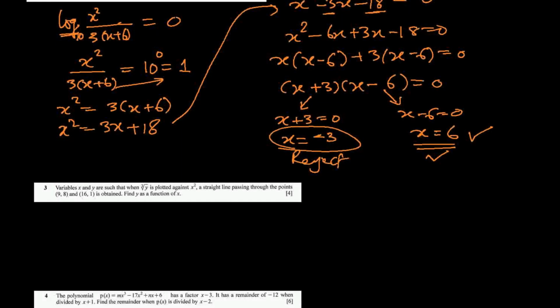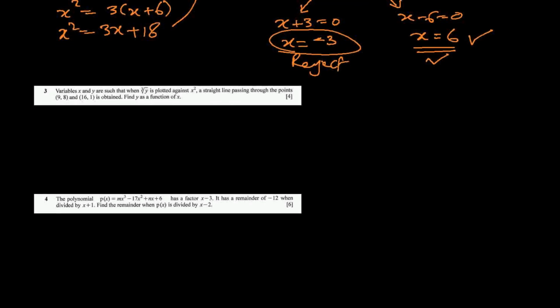Okay, the next one. The variables x and y are such that cube root of y is plotted against x cubed. So let me try to show this here and here. Whenever they say something is plotted against something, that first something will be here.